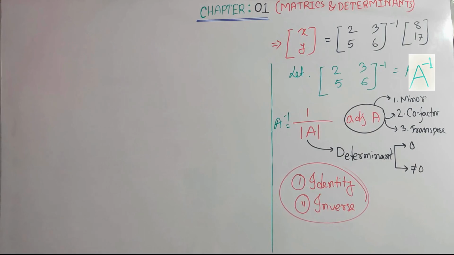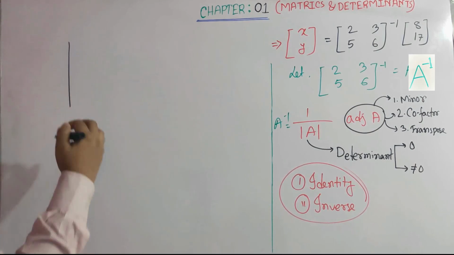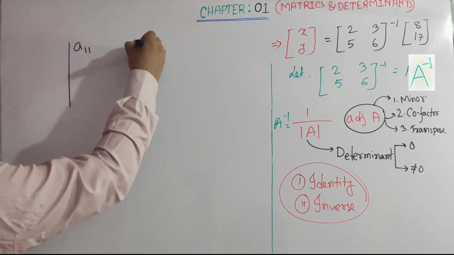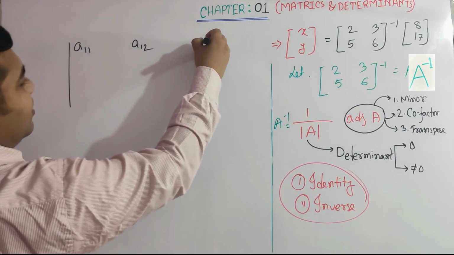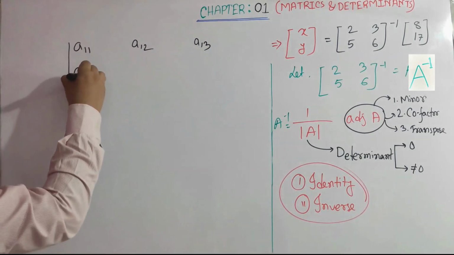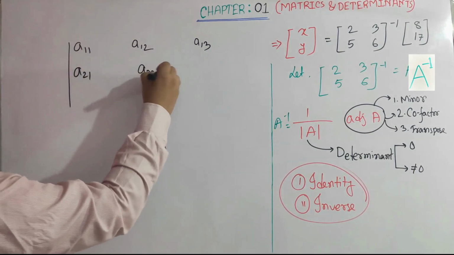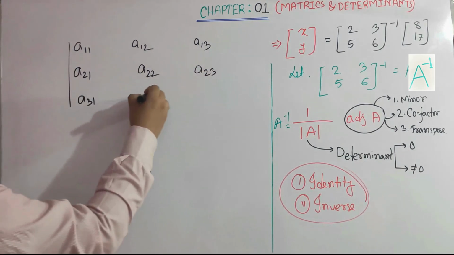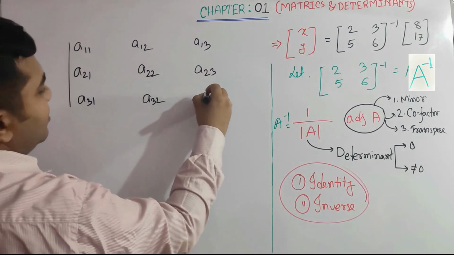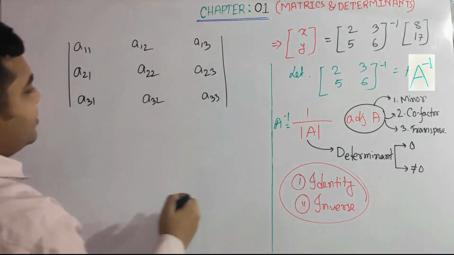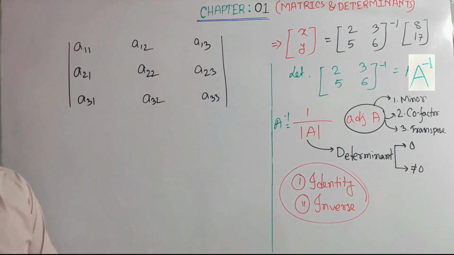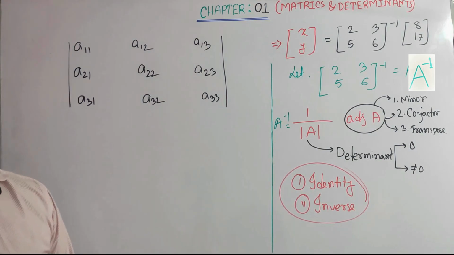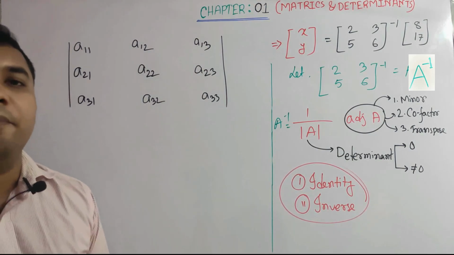Dear students, now we talk about the 3 by 3 determinant, that is A11, A12, A13, A21, A22, A23, A31, A32, A33. So this is a determinant for a 3 by 3 matrix. From this determinant, how can we find the minor?